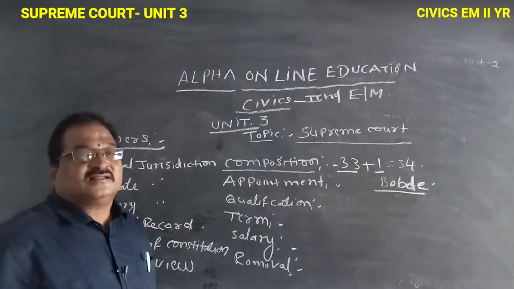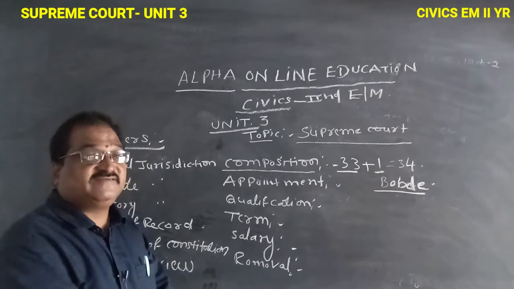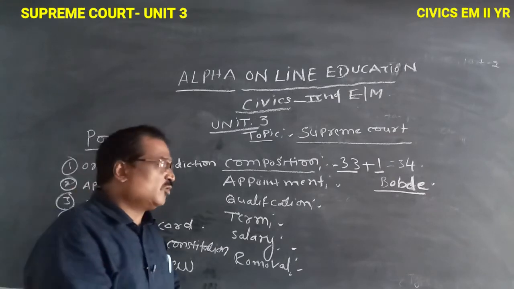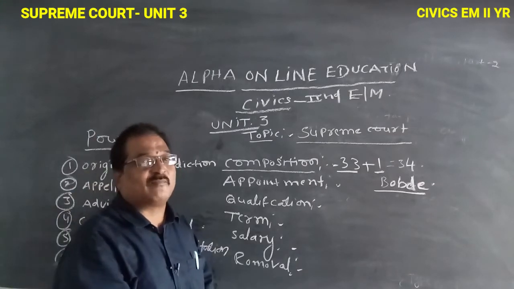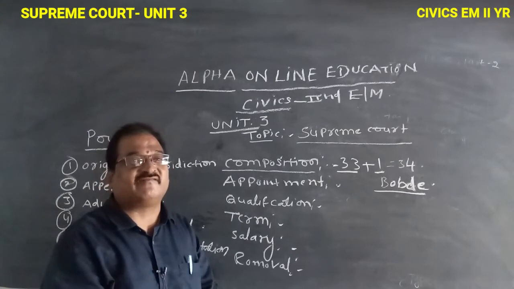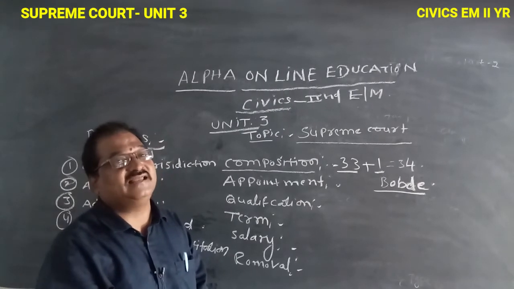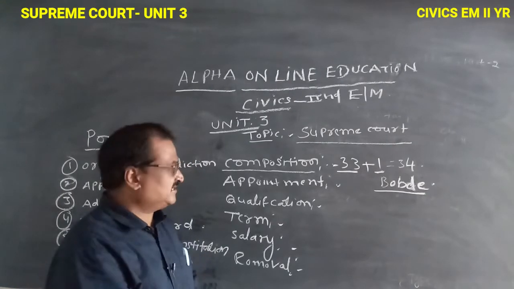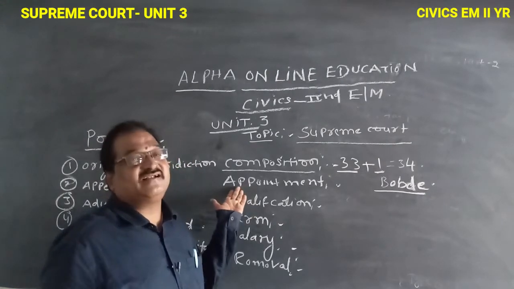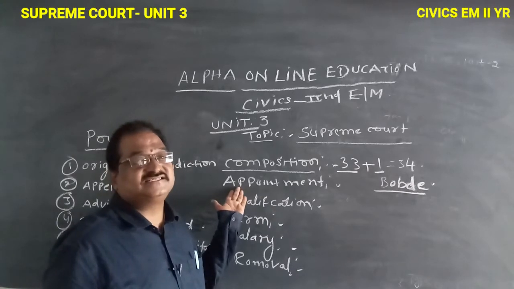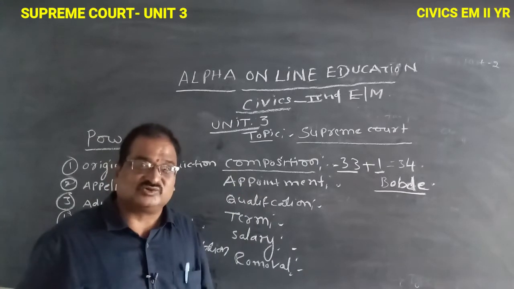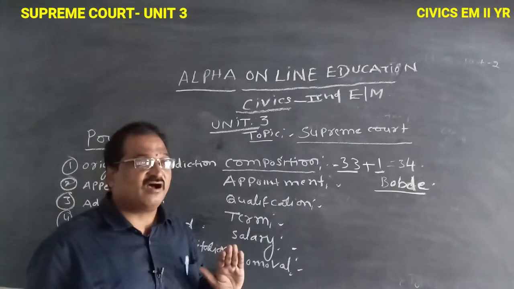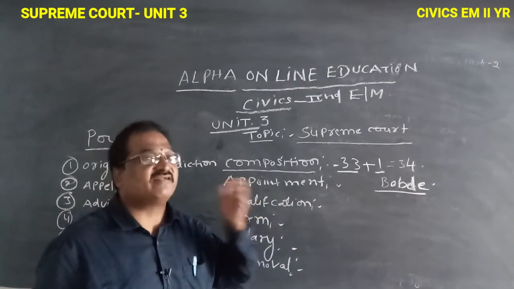Now the appointment system. The Chief Justice of the Indian Supreme Court and other judges are appointed by the President of India, depending on their experience. The Chief Justice and the other judges are both appointed by the President of India.